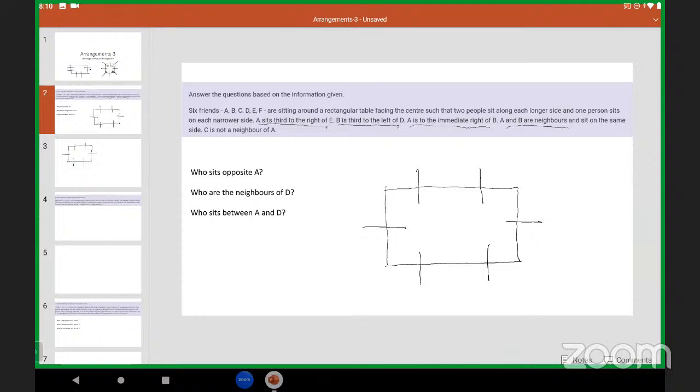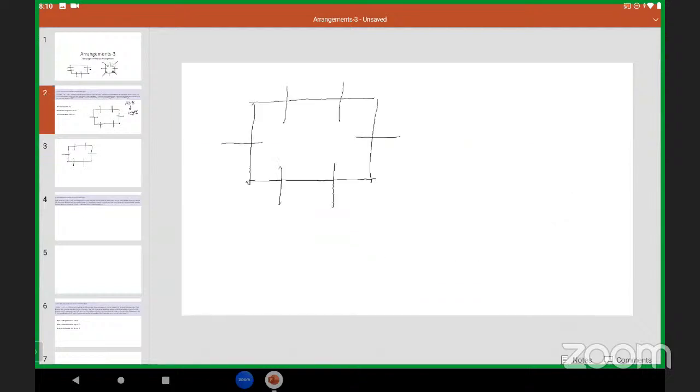If A and B are neighbors and they sit on the same side, which means A and B will be on the longer side, because they have to be neighbors. They can't be neighbors by one of them being on the narrower side and one on the longer side, which means A and B have to be on the same side.